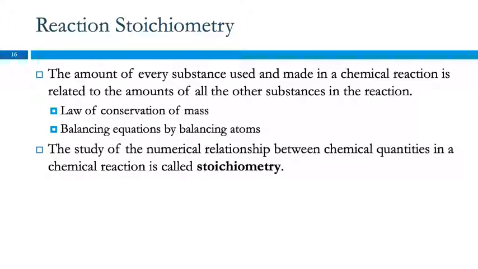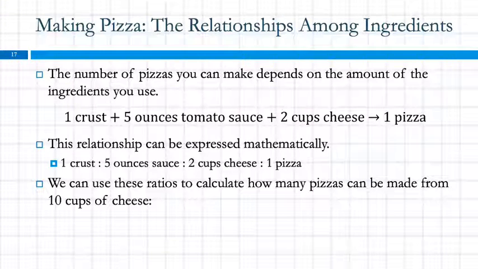So let's talk about pizza. A recipe is a little bit like a chemical equation. So here we have a very simple recipe for pizza. 1 crust, 5 ounces of tomato sauce, and 2 cups of cheese. Put those together, that'll make 1 pizza. This gives us the relationships between the quantities, right?